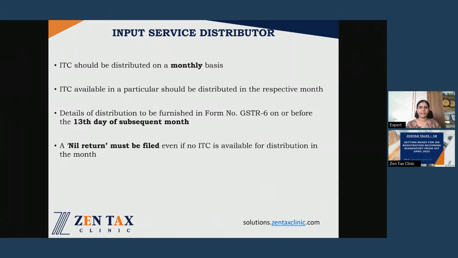In case we have no ITC to be transferred in a respective month, then we should file a nil return even though no such transfer took place in that month. A nil return must be filed even if no ITC is available for distribution in the month.